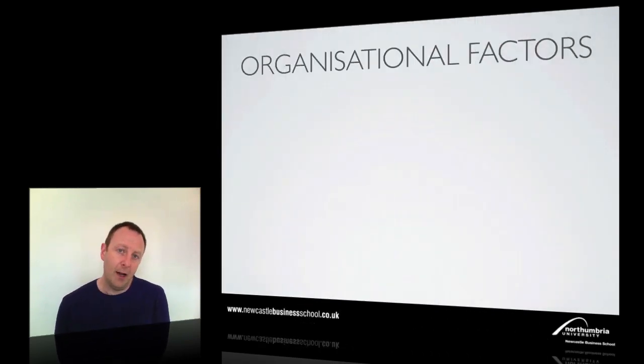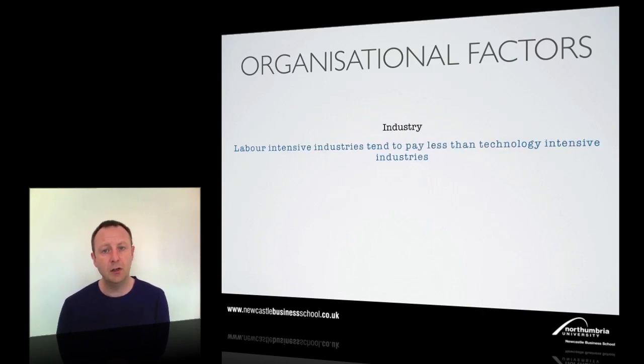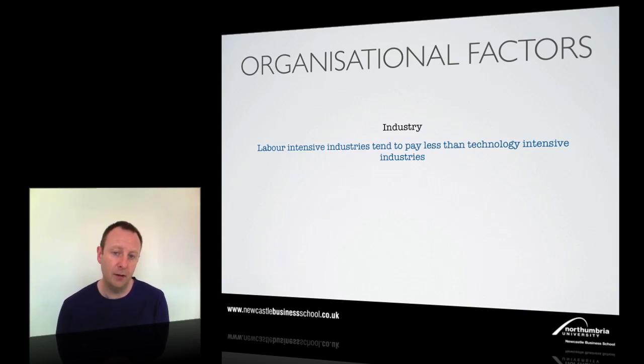The final set of factors which determines the external competitive context of organisations are about particular organisational factors. So, if we look at the way that different types of organisations operate in terms of their external competitive context, we know that some industries pay more than others.